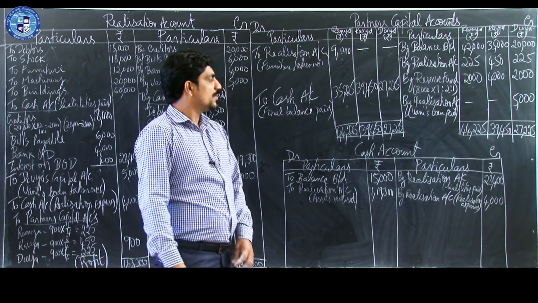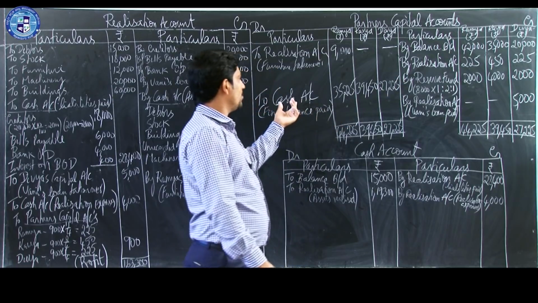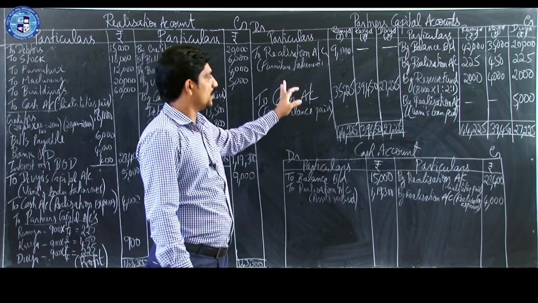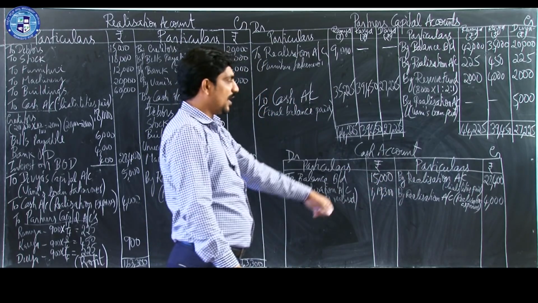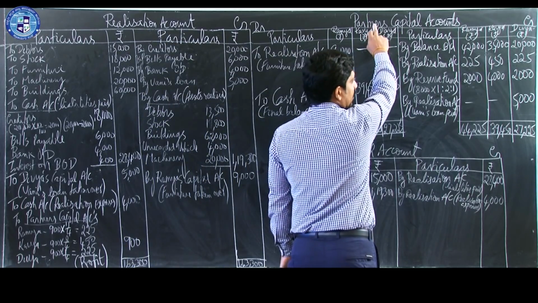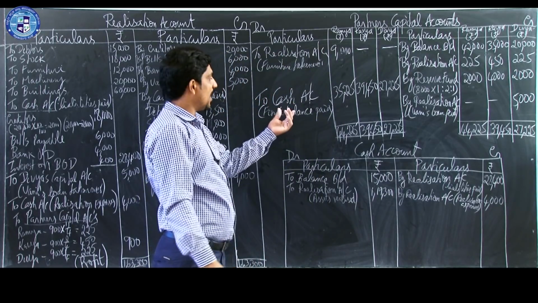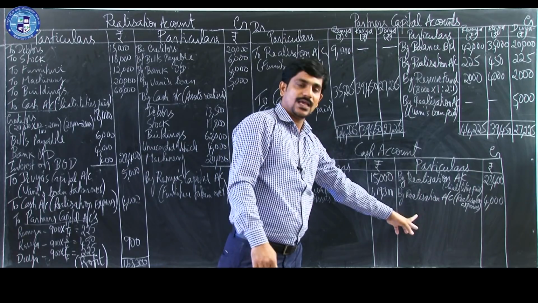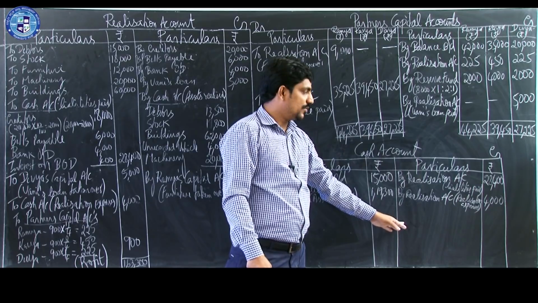Now next, partner's capital account. We have settled the partner's capital account by transferring the amount to cash account, by paying the cash to the partner. Here cash is paid, so which side will it go? Credit side of the cash account. What entry you have passed for settling the partner's capital account? Partner's capital account debited to cash account. So cash account is credited by partner's capital account. One by one you have to write the amount.